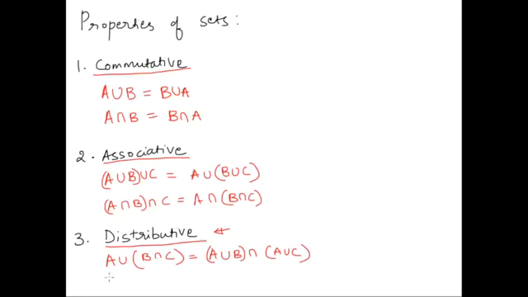Now the other rule is, if you have A intersection (B union C), this means (A intersection B) union (A intersection C). So let us see how we go about proving these using numerical examples.